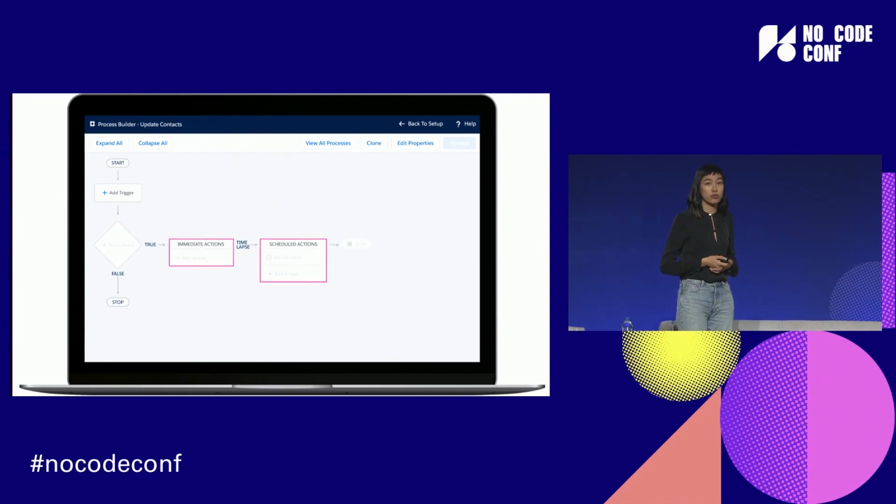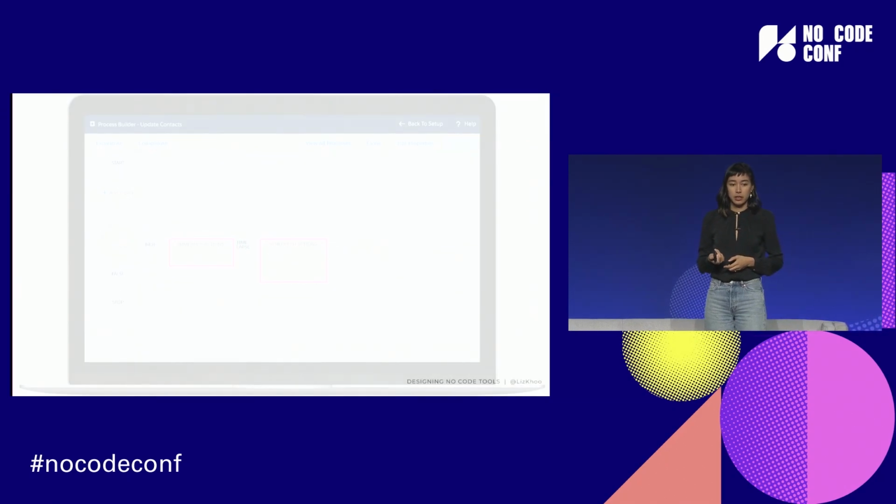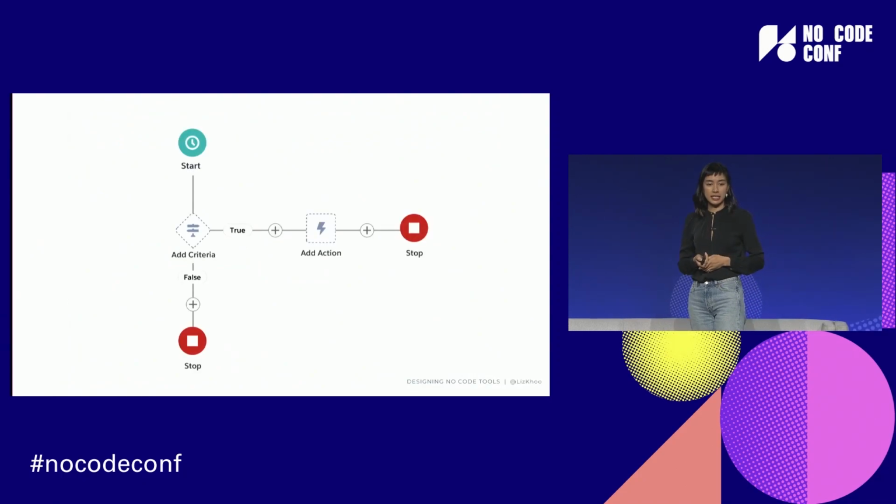And Process Builder is really well adopted. Every month, there are more than 100,000 customer orgs using it, and there are literally hundreds of billions of processes that run every month that were built with this. So in the future, Flow Builder might have an empty state that looks more like this, right? Mimicking what we learned works well in Process Builder.